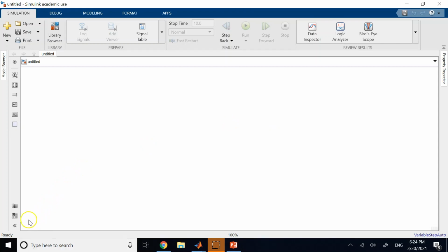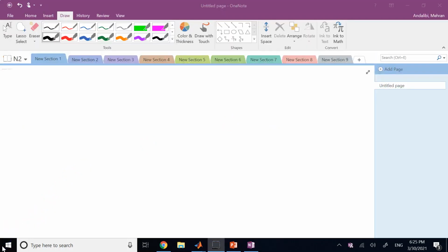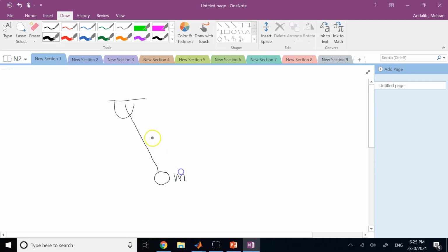Okay, so here what you have is a pendulum, and this pendulum has mass m at the end and a rope with length L, and the degree of freedom of this pendulum is going to be the angle the pendulum makes from the vertical line here.